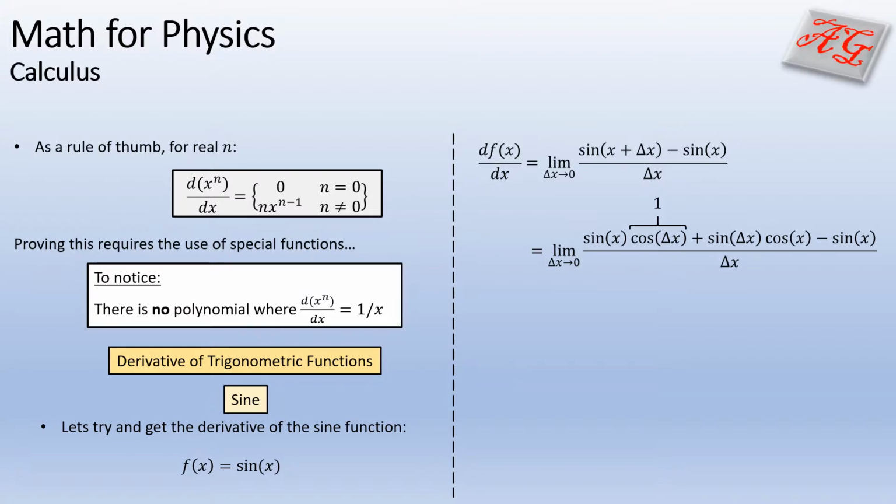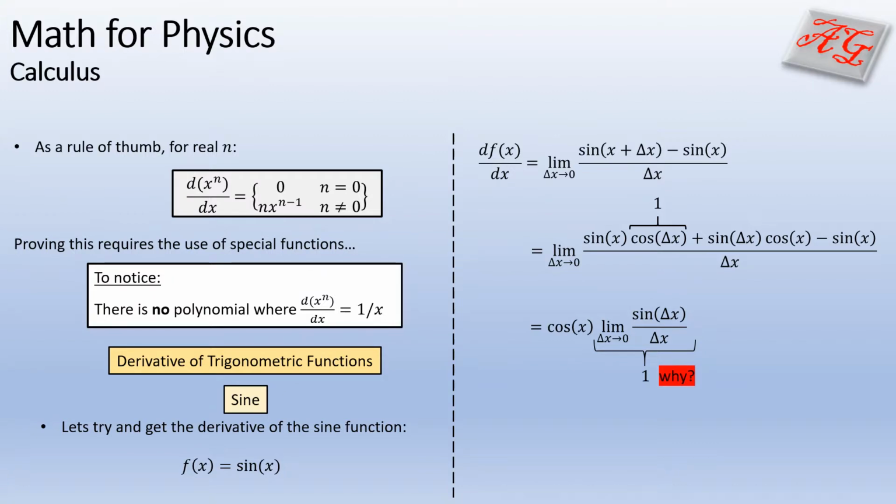Now the limit when delta x tends to 0 of cosine of delta x yields 1, so that the signs in the numerator cancel out and we are left with cosine of x times the limit when delta x tends to 0 of sine of delta x divided by delta x, where this limit yields 1.